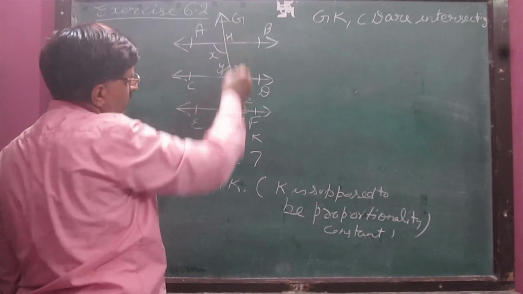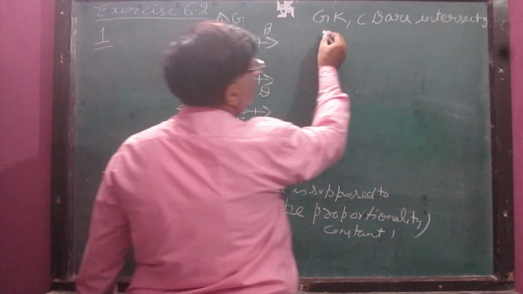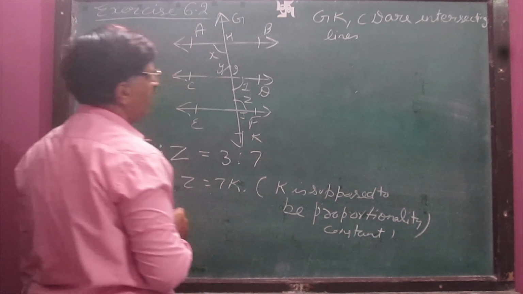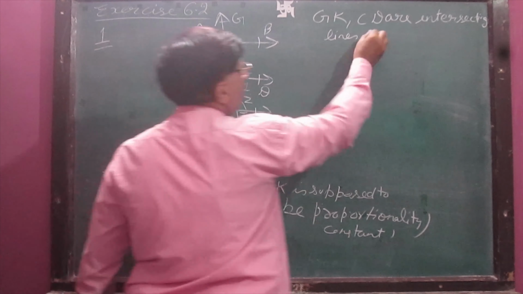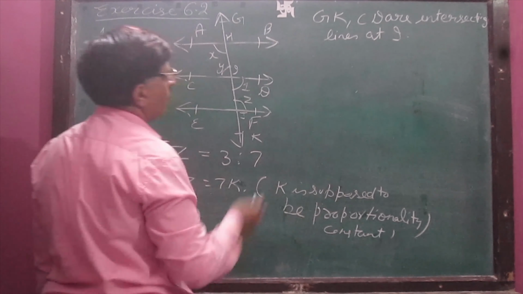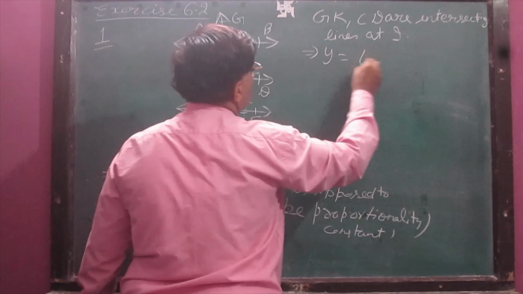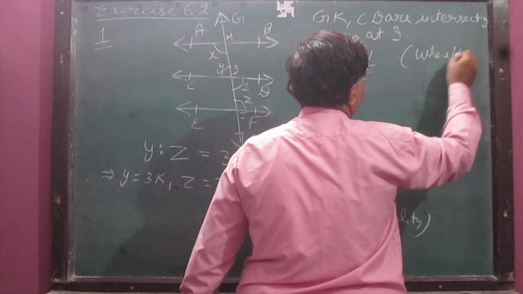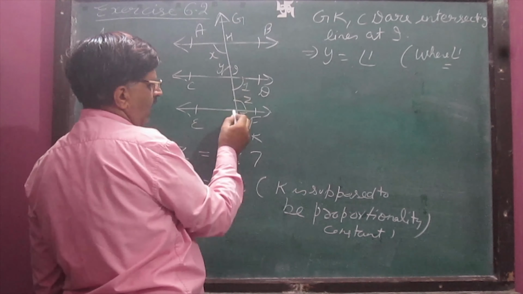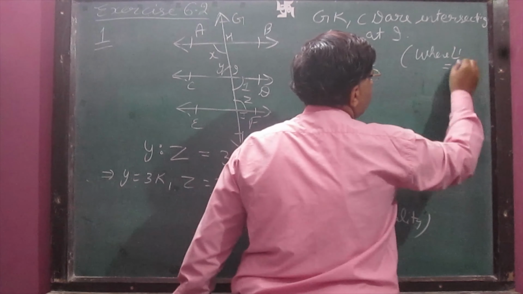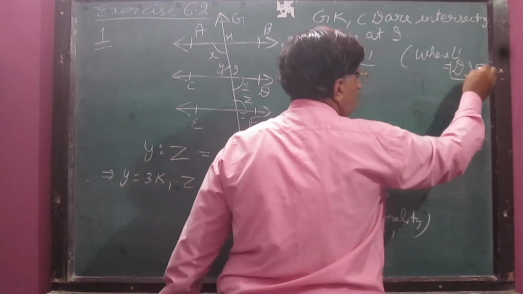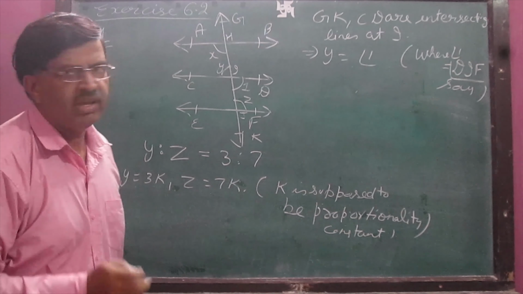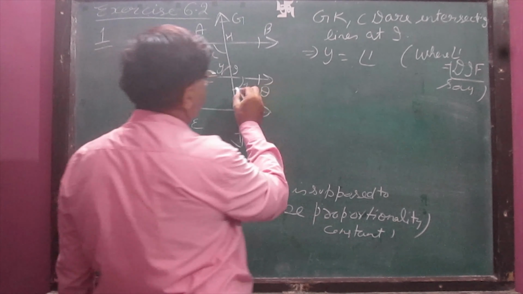Like here, GK and CD are intersecting lines. You also have to name where they intersect, at point I. Now this shows Y equals angle 1. Which angle is angle 1? We have taken it as DIF. This is just supposed to be 1 for the sake of convenience. Now Y equals 1.